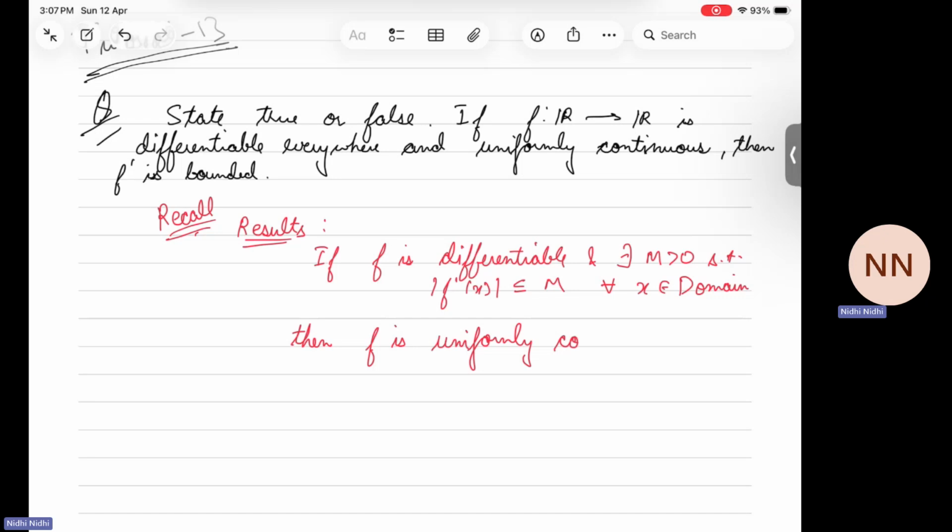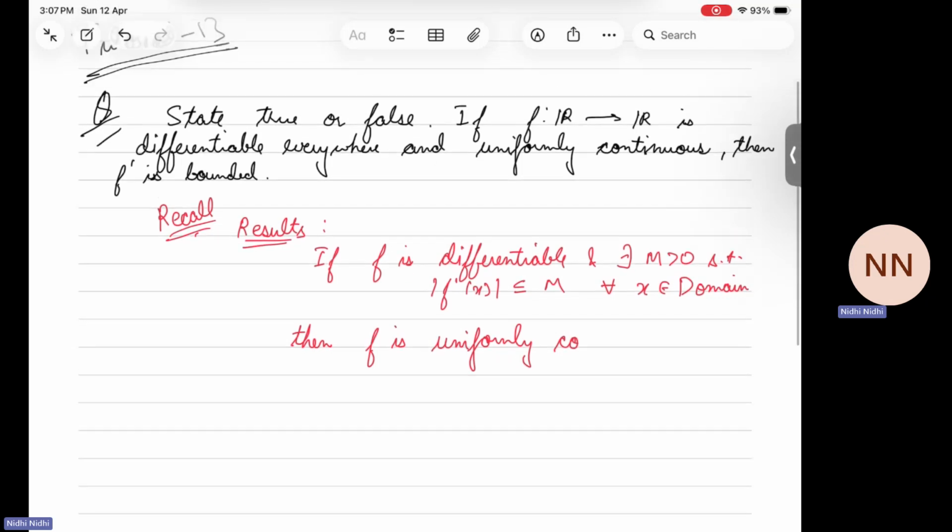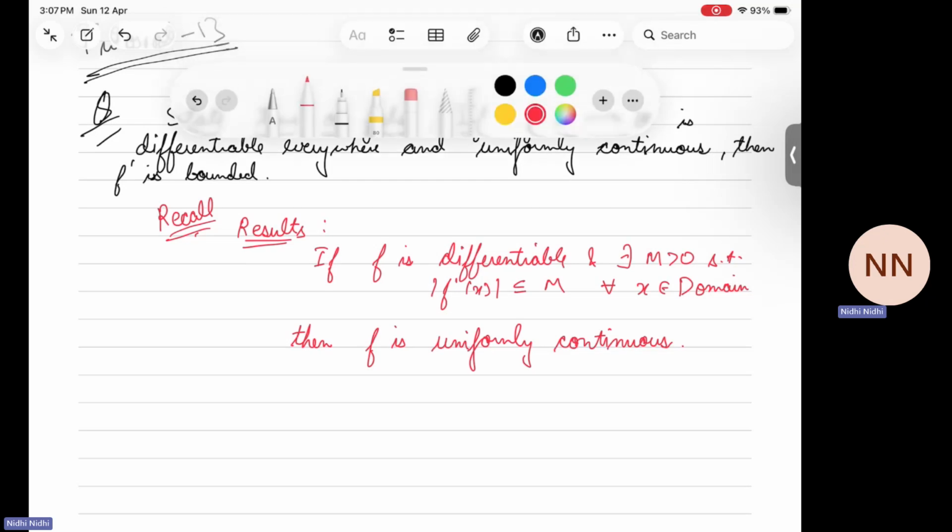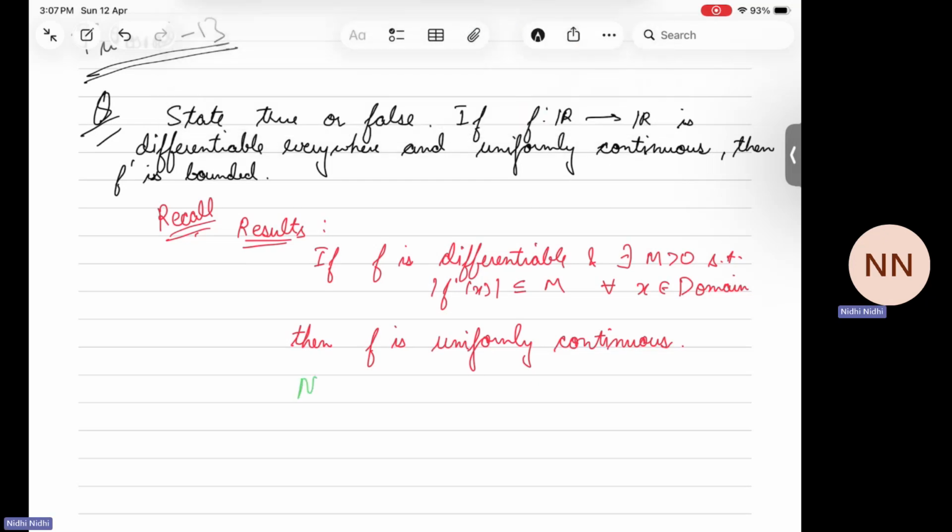But differentiable with uniform continuity need not imply boundedness of the derivative. That means they want you to understand this fact that this result holds in one direction but not conversely. And I would highlight that this does not hold the converse part.